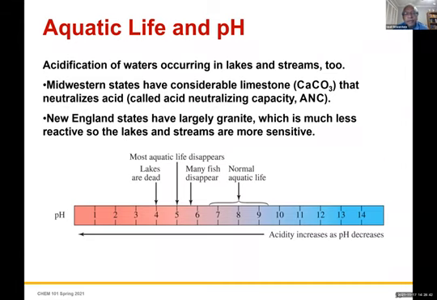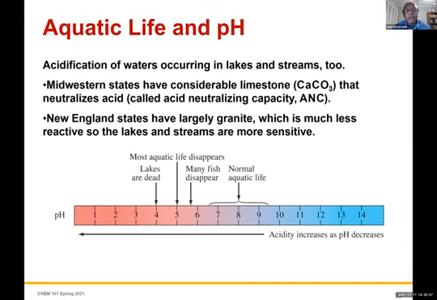The figure below gives the pH of different waters. Normal aquatic life pH is 8. Life disappears at pH 5. Many fish disappear at pH less than 6.